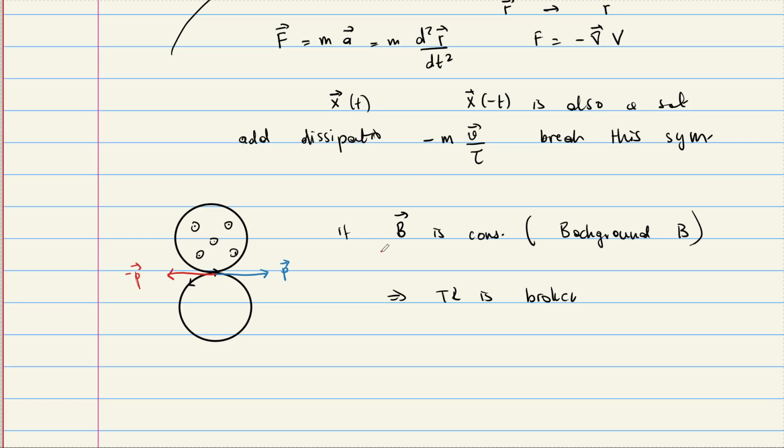Typically, we take B to be a background field and then think about time reversal with the fixed background. But in fundamental physics and particle theory, B is also a dynamical field and it can also change with this operation. Good.